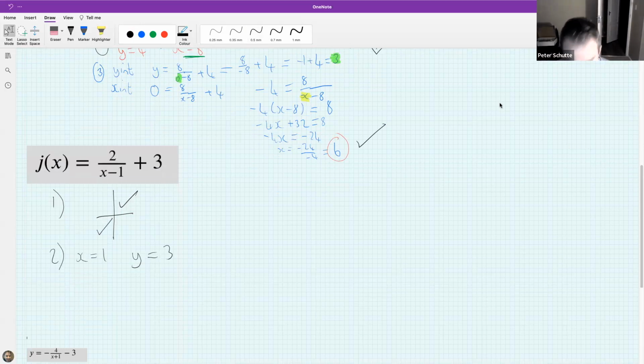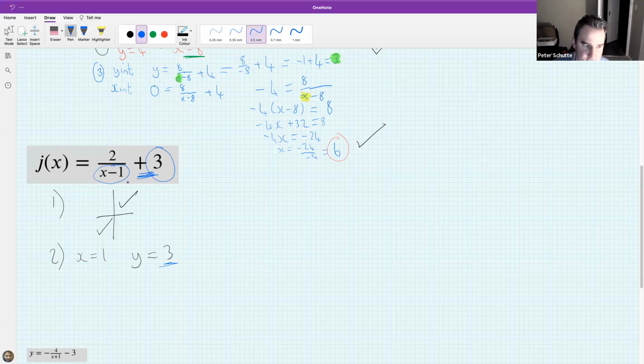Okay, so if you look at the standard form of hyperbola, the y asymptote is super easy. It's whatever this number is. So if it's +3 or -3, you just write it straight down. But if you want to find the x asymptote, you say what number, when you put it in here, will make this denominator 0. And so because 1 minus 1 is 0, this has to be x is 1.